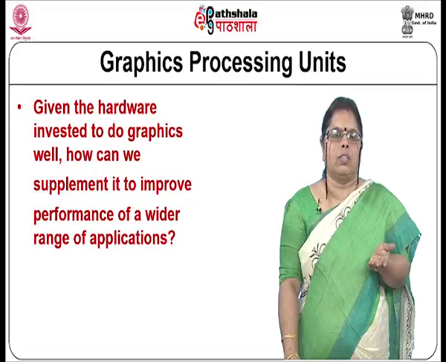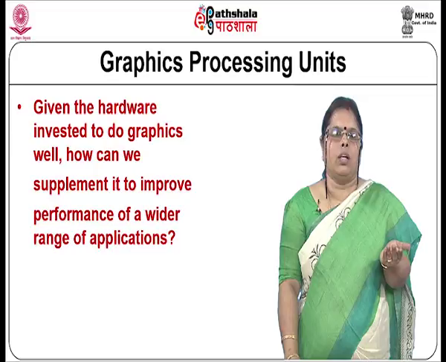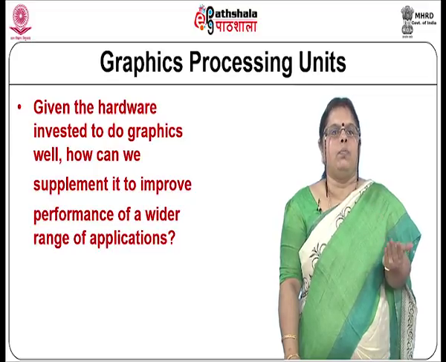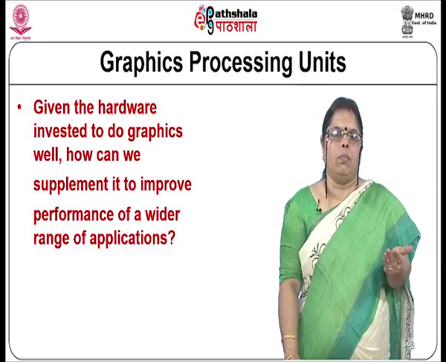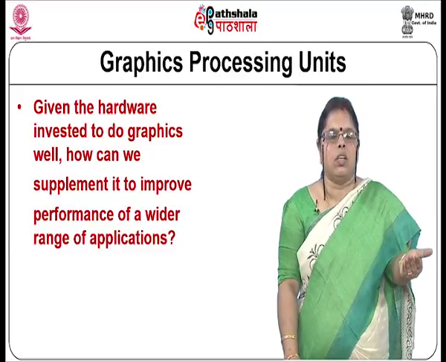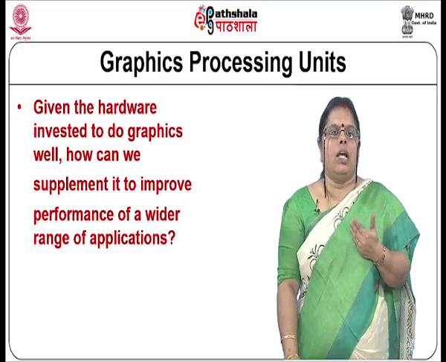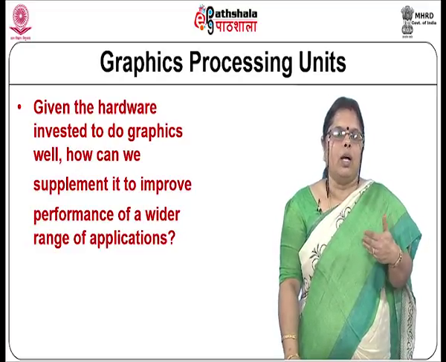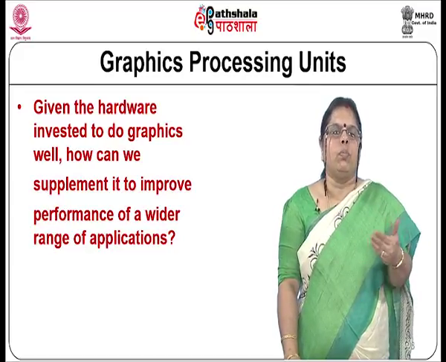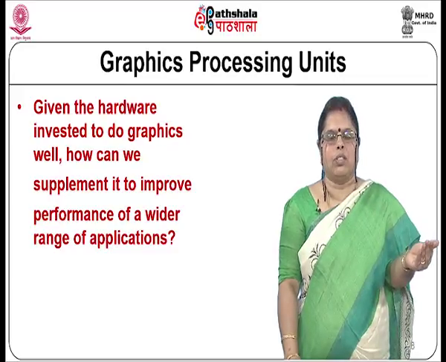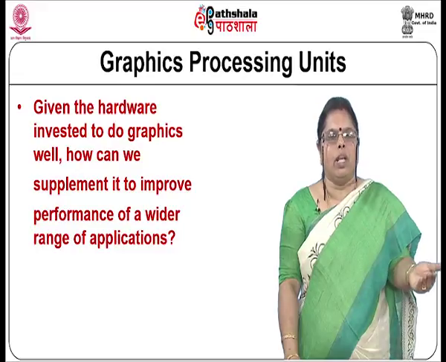Can we add it to the processor that we already have in order to give better support for data level parallelism? Given the hardware invested to do graphics well, how can we supplement it to improve performance of a wider range of applications, not just graphics applications, but bring it into mainstream computing?